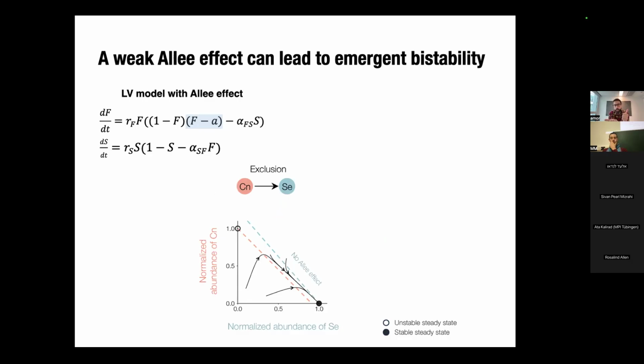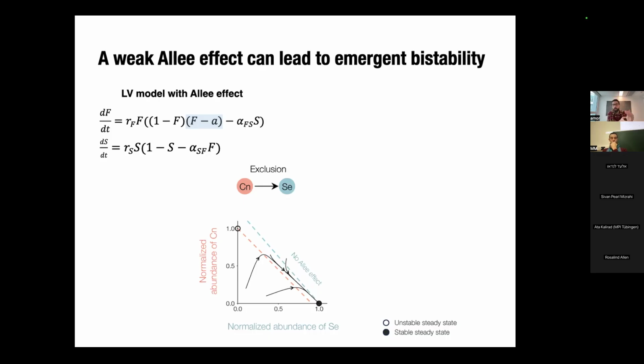The dashed lines are the null lines, so along these lines, either the blue species or the red species do not grow. And the arrows that you see are the trajectories. So if you start a community at this initial number of cells, where does it go?